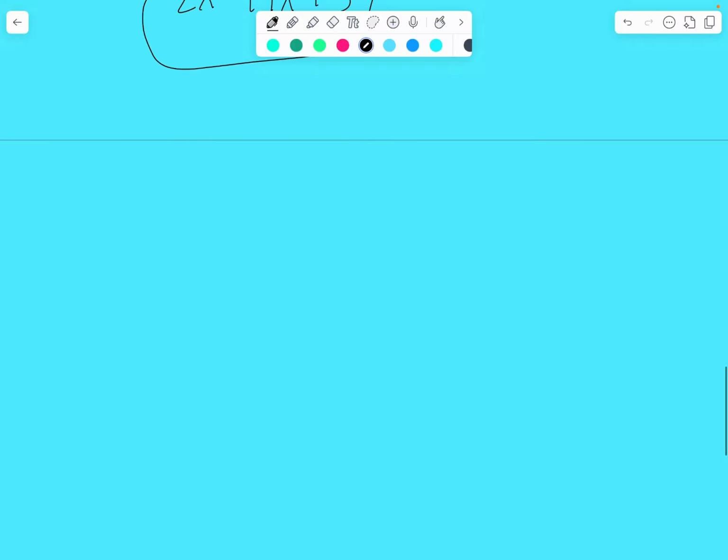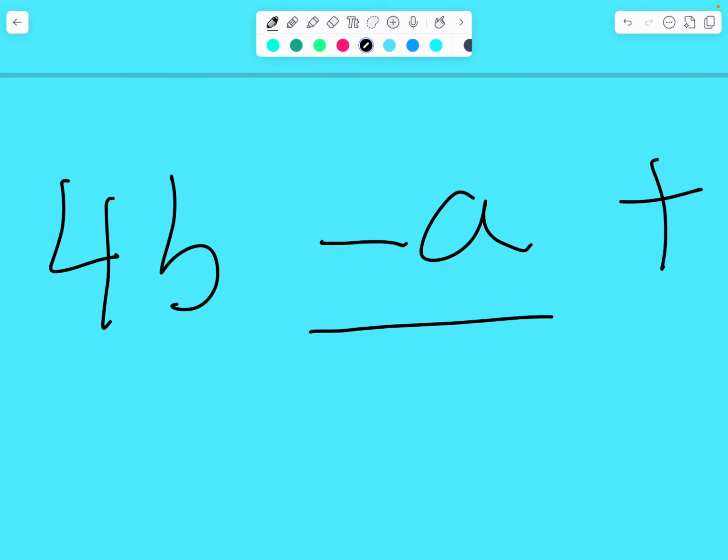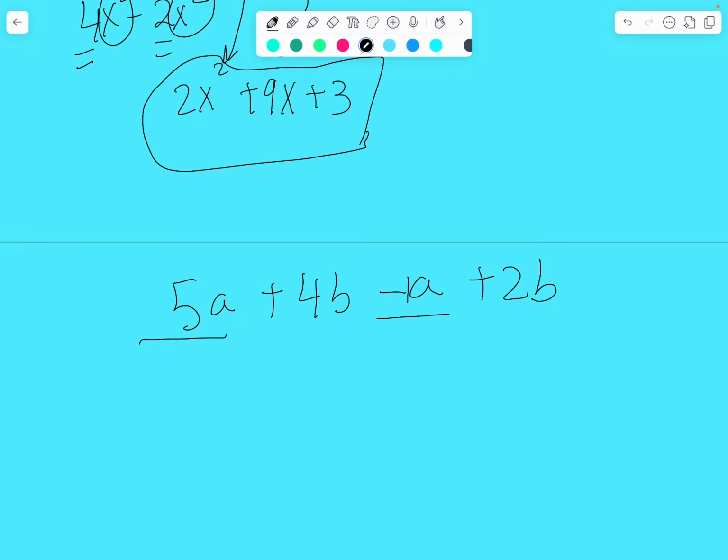Okay, let's simplify 5a plus 4b minus a plus 2b. Looks scarier, but it's same concept. I'm going to combine the like terms by grouping the a's and the b's. Okay, I have 5a minus a. Remember, there is an invisible number in front of the a, and that's a 1. 5 minus 1 is 4.